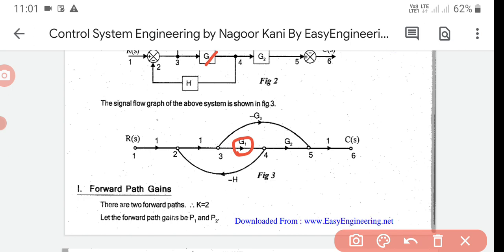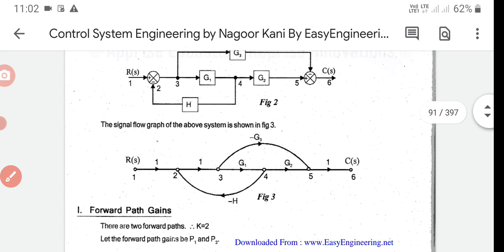Between 4 and 5 we have the gain value G2, so on the arrow mark we represent G2. And from the 5th node to the 6th node, which is the summing point to the output, we don't have any value, so we represent it with a gain value of 1.